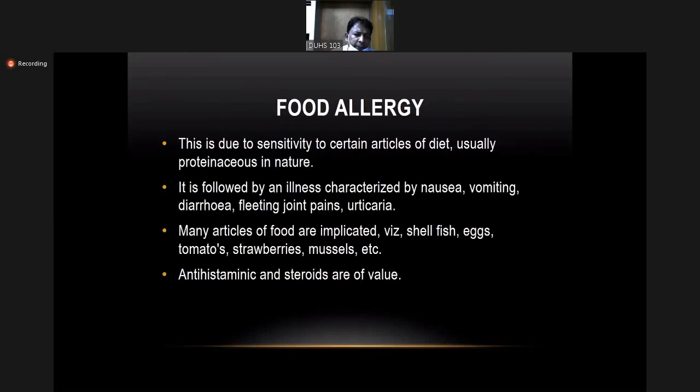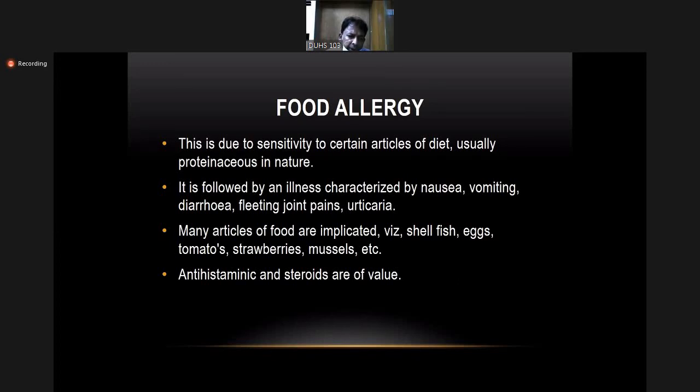Food allergy is due to sensitivity to certain articles of the diet, usually proteinous in nature. It is followed by illness characterized by nausea. A particular protein article in the diet is sensitive to the particular person. Not all persons are sensitive, but a particular person is sensitive to certain foods.